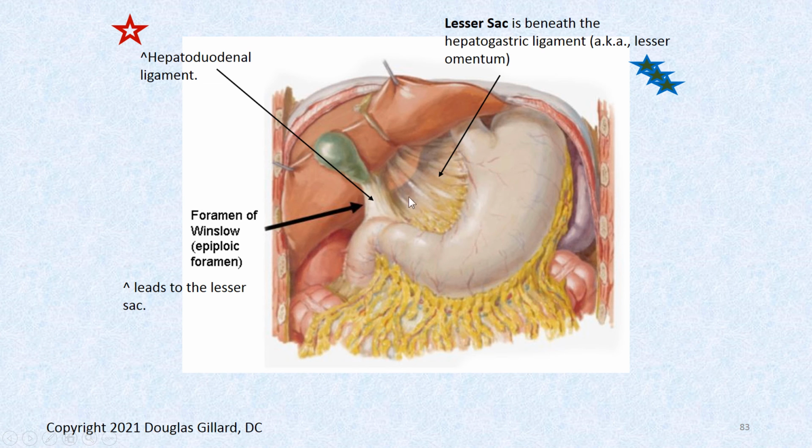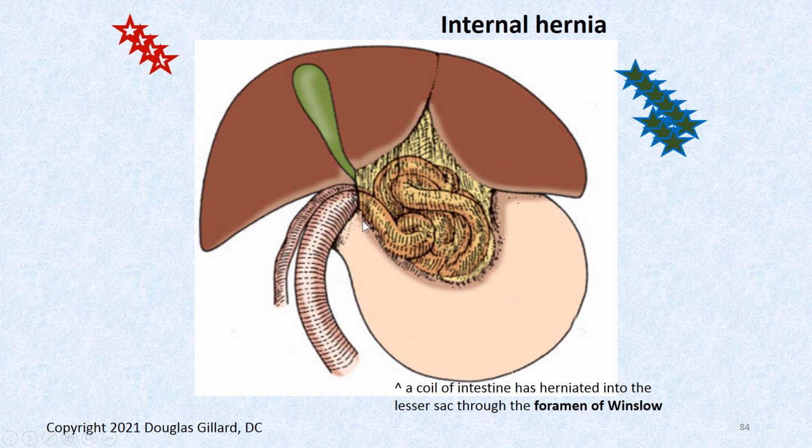So there's definitely a cavity here, but if there's a cavity, you can get, here's the small bowel has been removed, but you can get intestine going into the lesser sac and getting pinched in here through the foramen of Winslow.